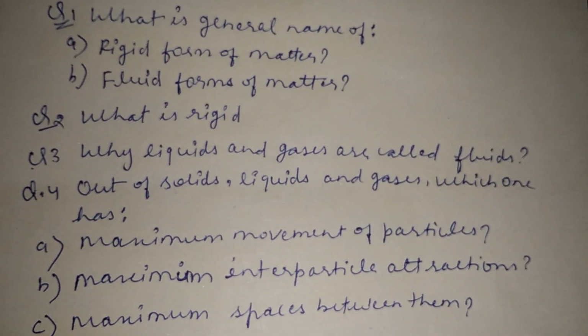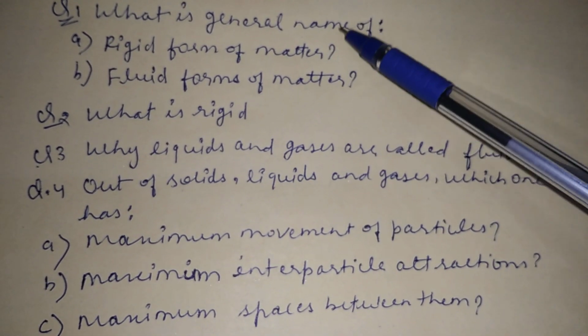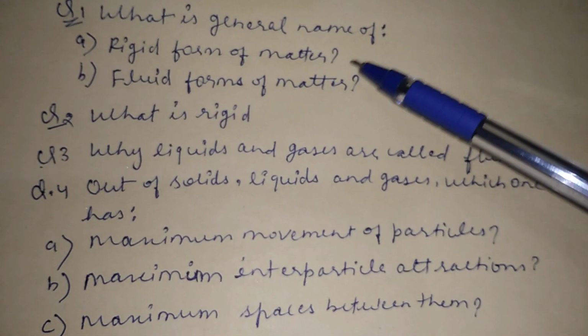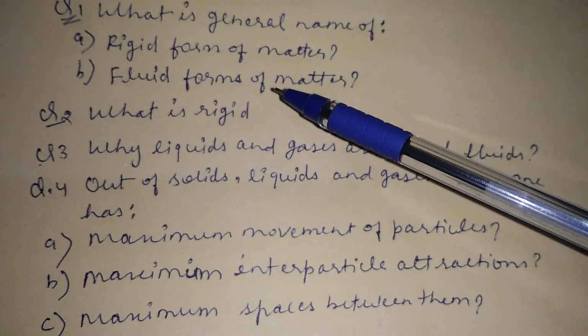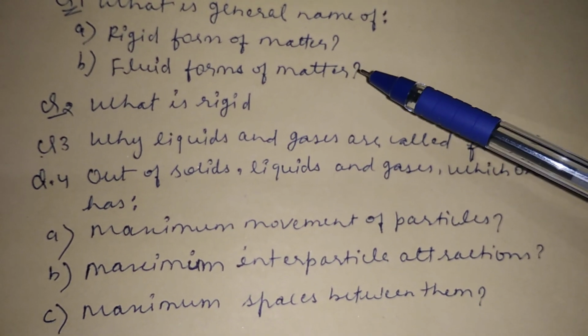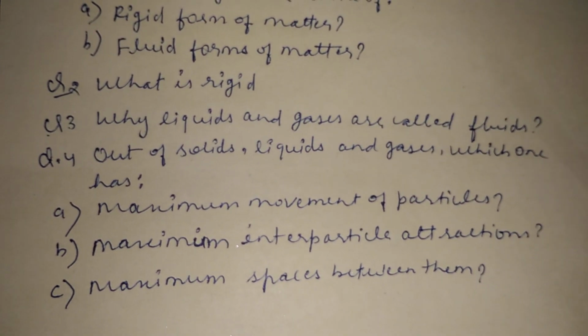Now let's see the homework for today's class. Question number 1: what is the general name of A part, rigid form of matter, B part, fluid forms of matter? Question number 2: what is rigid?